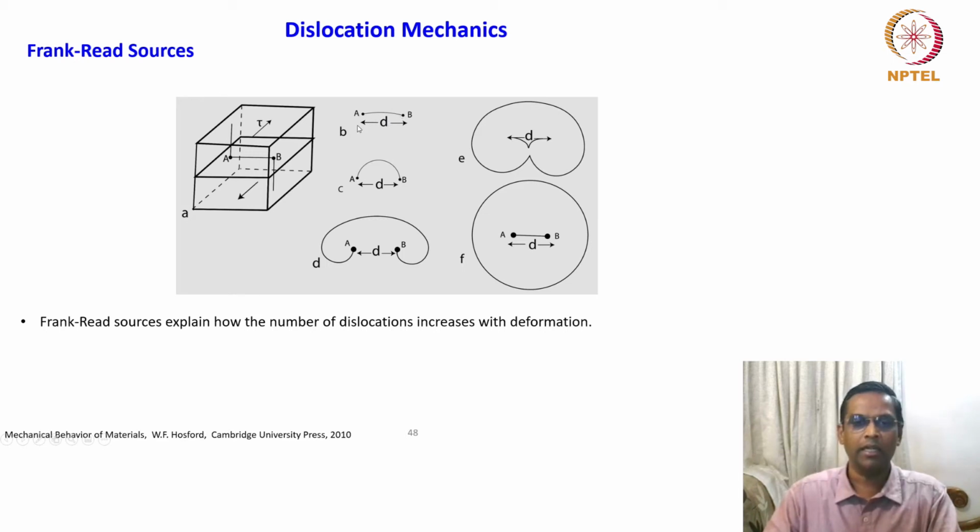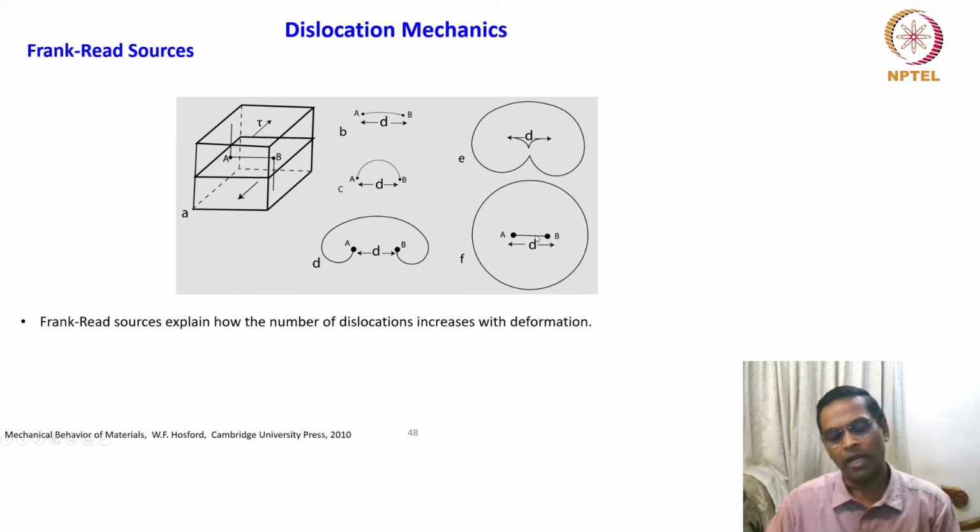Yesterday we saw that when a dislocation encounters an obstacle, this is how it bows, like a line tension. We looked at the energy and force balance and formulated an expression to calculate this. So similar mechanisms. If you imagine this mechanism operating continuously, what happens?